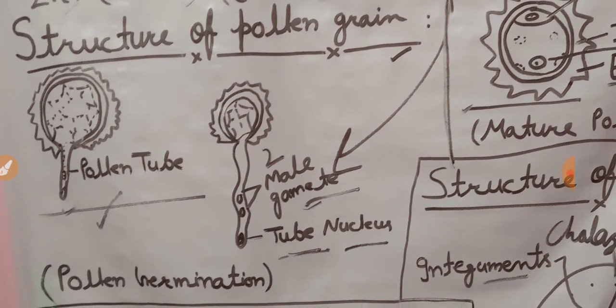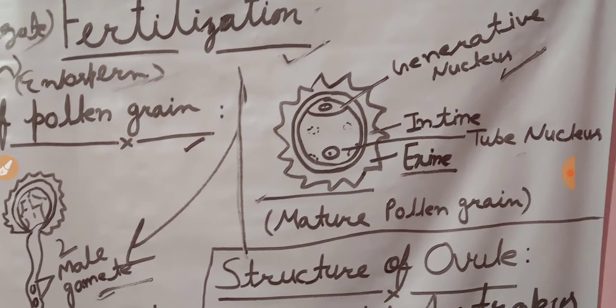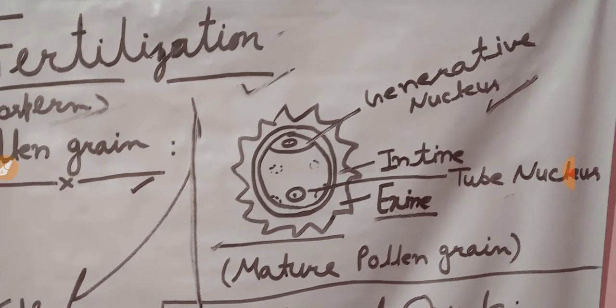Now, as we know, for making the male gamete we have to read about the structure of the pollen grain, because in the pollen grain a pollen tube is formed and it generates the male gametes. So first we discuss the structure of the mature pollen grain.